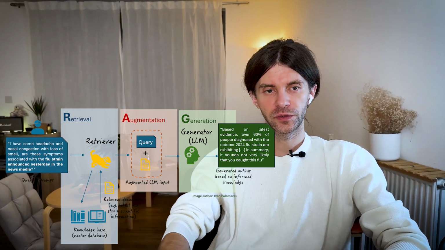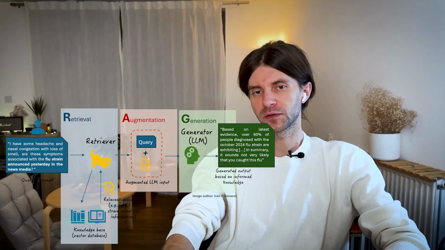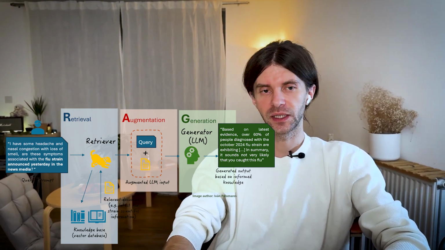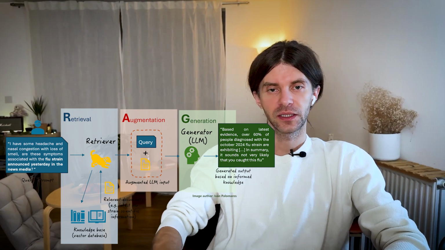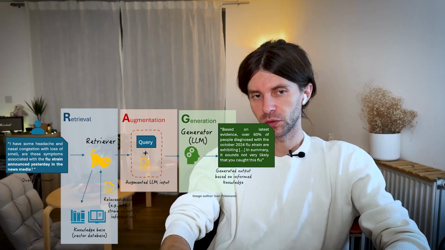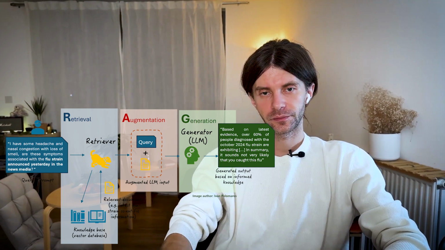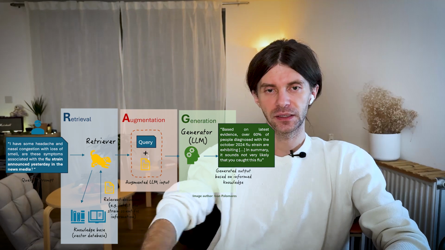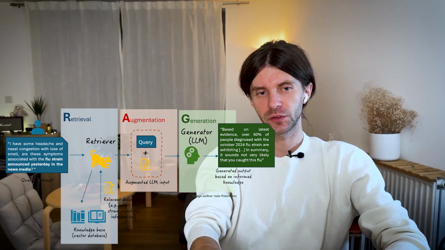Then for each one of these documents, in the simplest form of RAG, we'll start with that, you would create a vector embedding of the whole document. So you would take this document and feed it into a language model that will calculate a vector embedding. The vector embedding is usually a mean pool or an average pool or a max pool of all the vector embeddings of all the tokens.